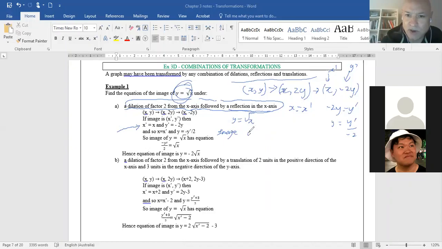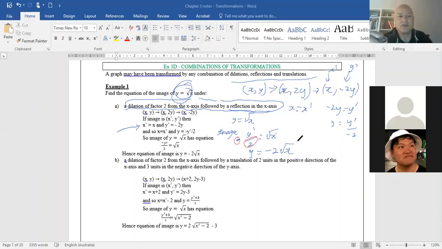We get negative y dash divided by 2 equals the square root of x dash. I'm going to remove the dashes from now on, and do two things at the same time: move the negative and this divide by 2. So divide by 2 becomes times by 2, so I get y equals negative 2 the square root of x.